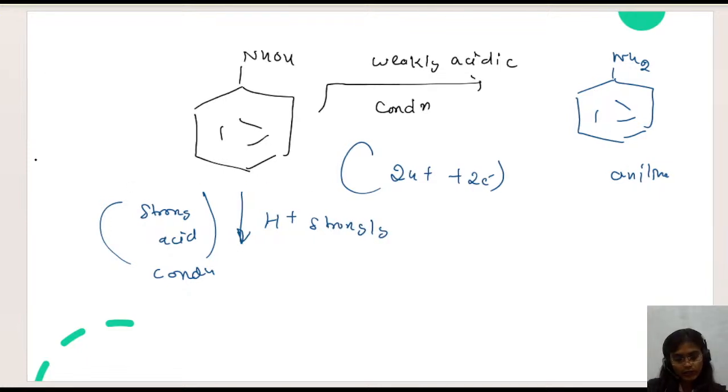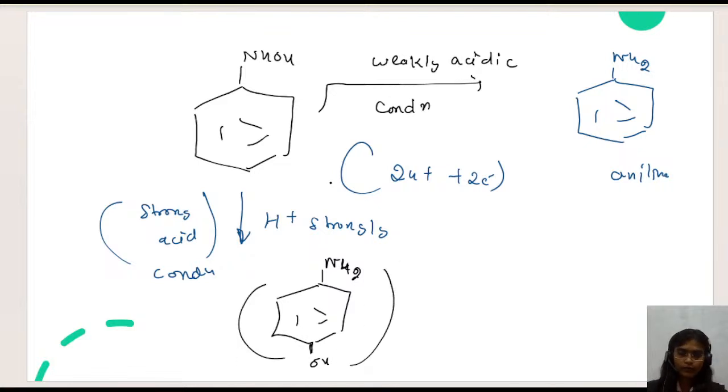So the final one is what? That NH2 is the common thing, plus OH is also connected here. Okay, this is important, I will repeat one more time. First of all, we are using only acidic condition.